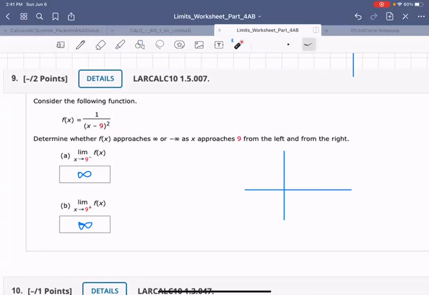X equals 9 is a vertical asymptote. Who is the horizontal asymptote? When x approaches infinity, that guy approaches 0. So the x-axis is your horizontal asymptote. And then you can draw the graph smoothly and nicely.